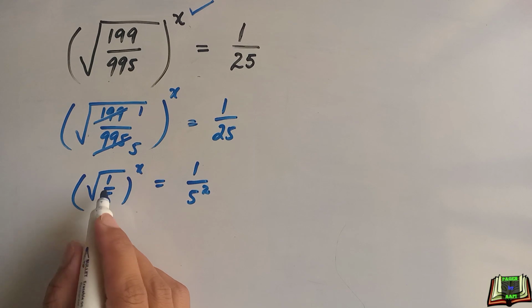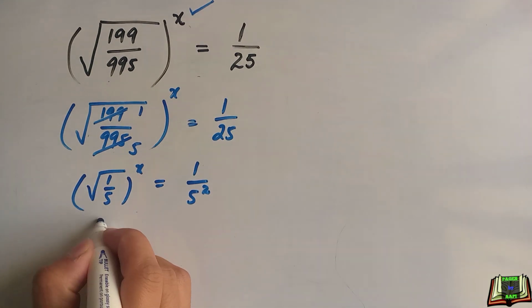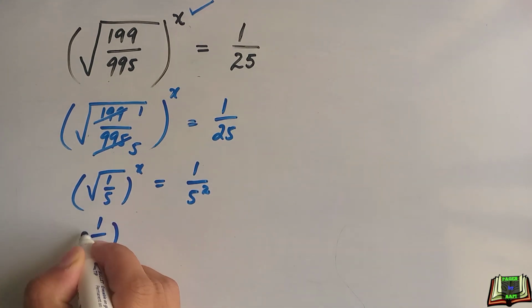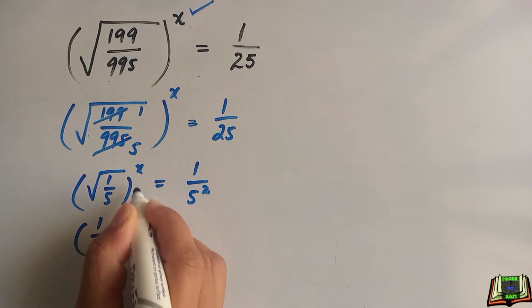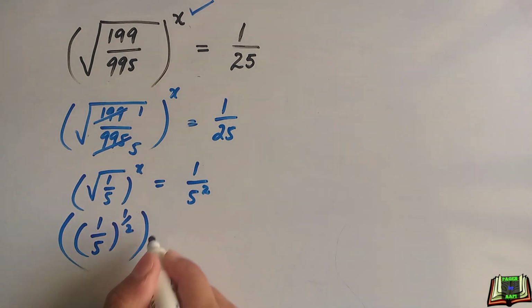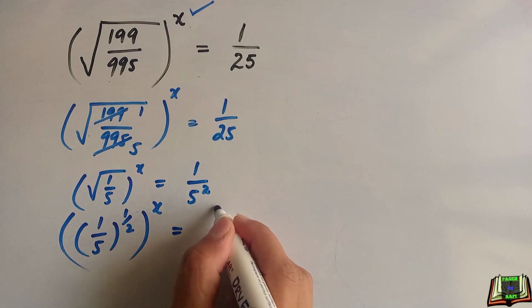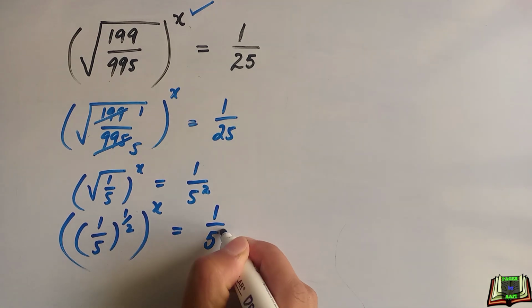In the next step, we are going to write the value of this square root, that is 1 over 2, and this whole power x is equal to 1 over 5 to the power 2.